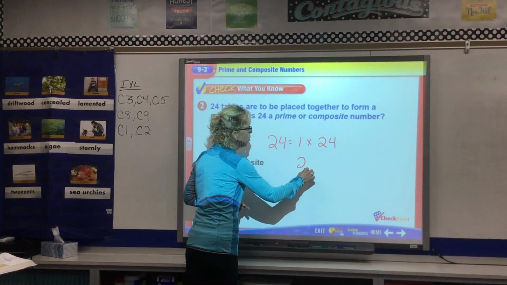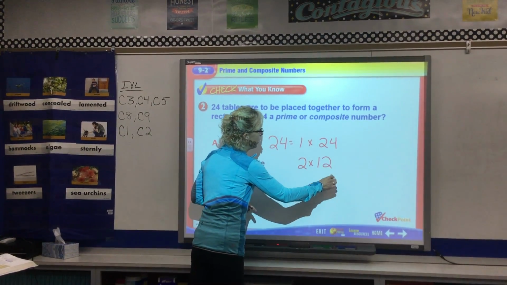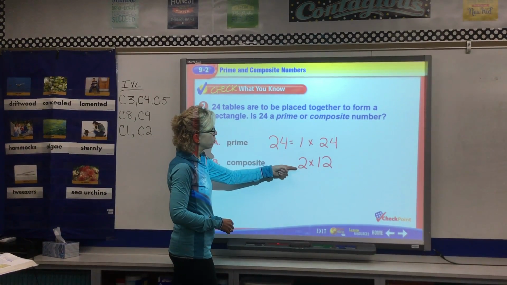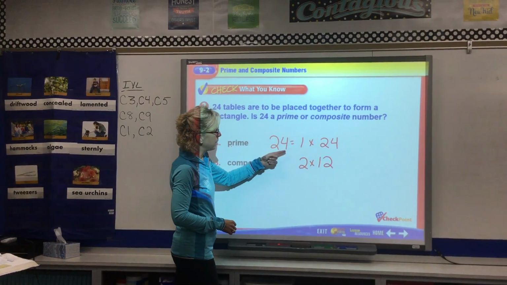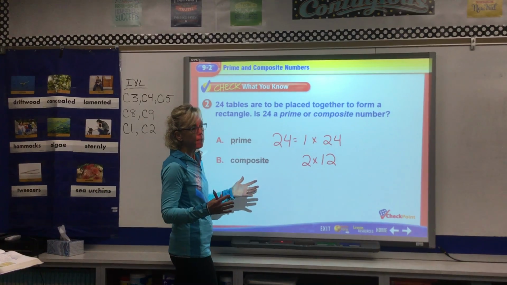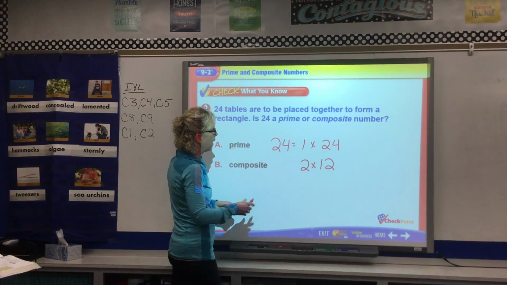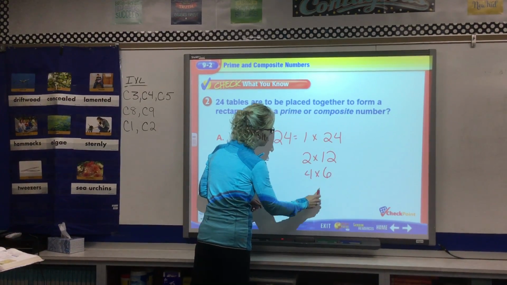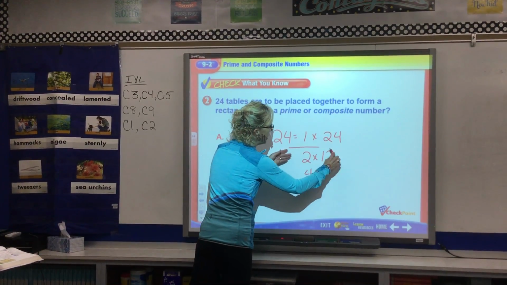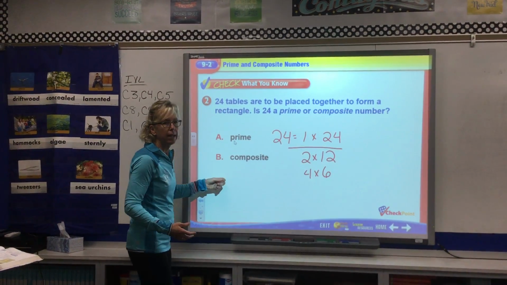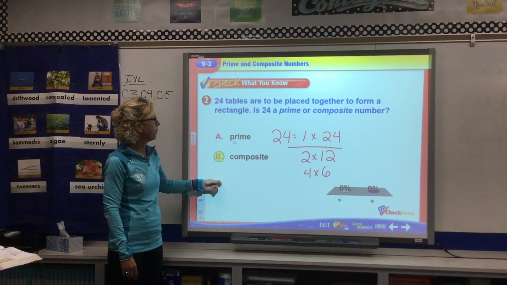I can say 2 times 12 is 24, so I know right away that 24 has to be composite because I can take 2 times something to get every even number except 2. I can also say that 4 times 6, we can list more factors, but once we have anything beyond 1 times itself, we know that the whole thing is a composite number.